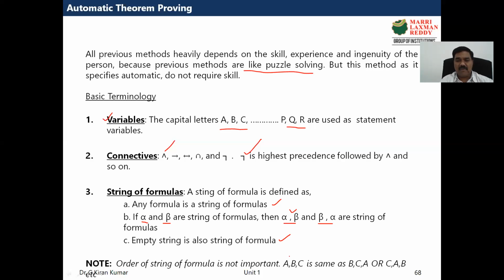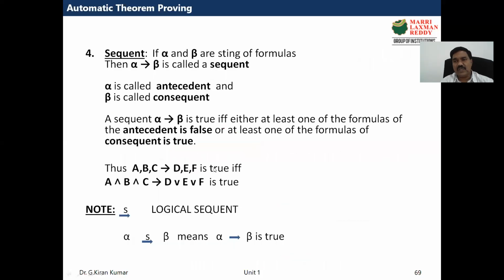Let us say A comma B comma C is a string of formulas. Why? Because A is a formula, B is a formula, and C is a formula. If we separate them with commas, they are called a string of formulas. It doesn't matter what the order is. A comma B comma C is the same as B comma C comma A, or C comma A comma B. We can write in any order, and the string of formulas is still the same.